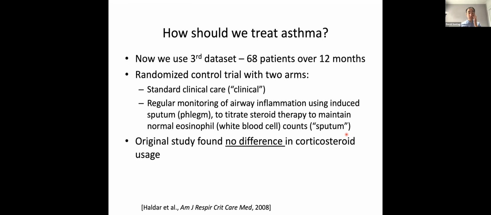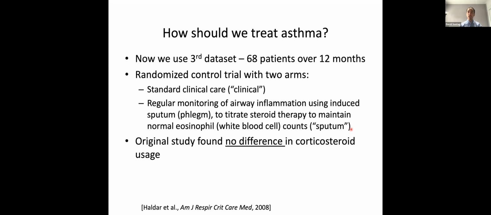Now, the original randomized control trial involving those 68 patients found no statistically significant difference between these two treatment strategies. Meaning, if you look at outcomes such as hospitalizations or the number of exacerbations, there was not a statistically significant difference across the two different sets of patients who got one treatment versus the other.